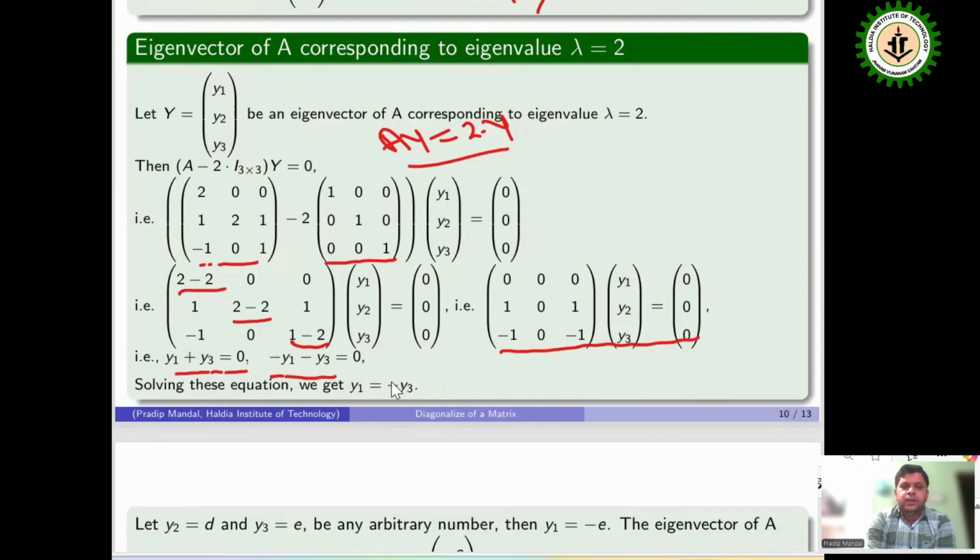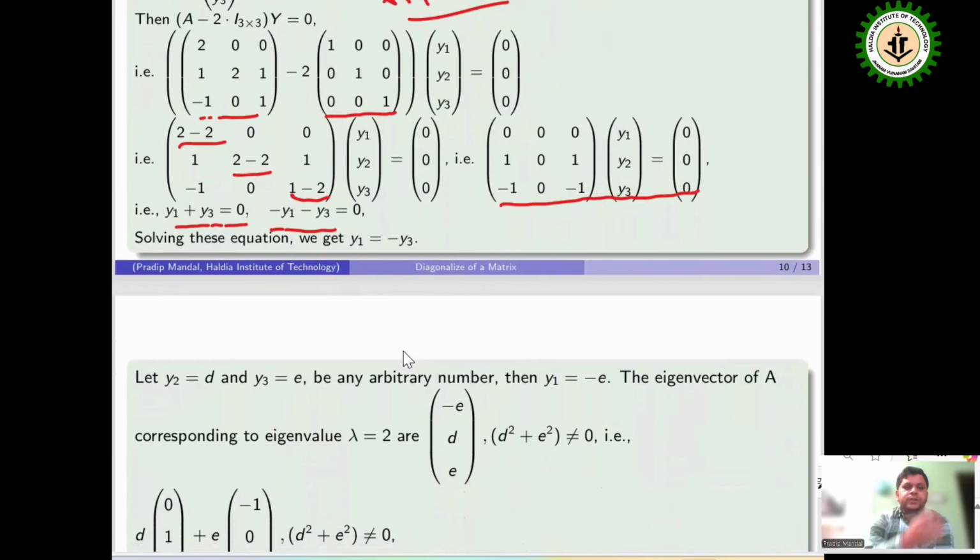In this equation there is no y2 part, since there is no y2, we take y2 to be any arbitrary number, that means y2 equals d. We also take one of y1 and y3 arbitrary, that means y3 equals arbitrary e. Then we get y1 equals minus e. Therefore, the eigenvectors of A corresponding to the eigenvalue lambda equals 2 are (minus e, d, e).